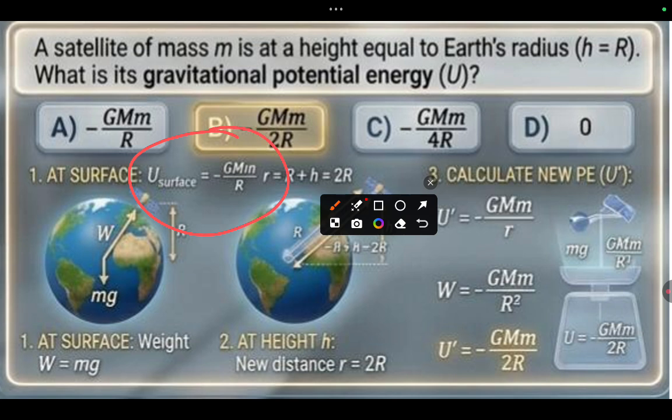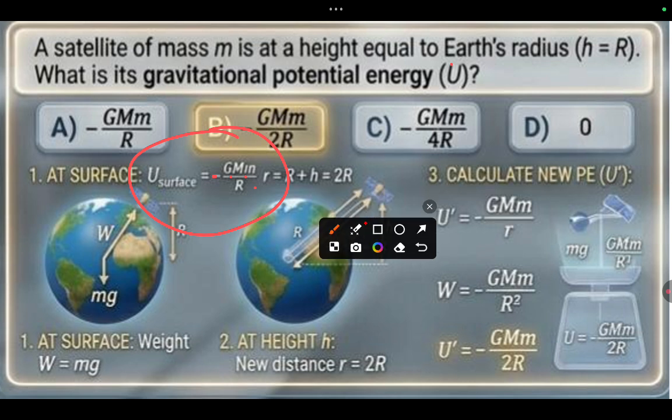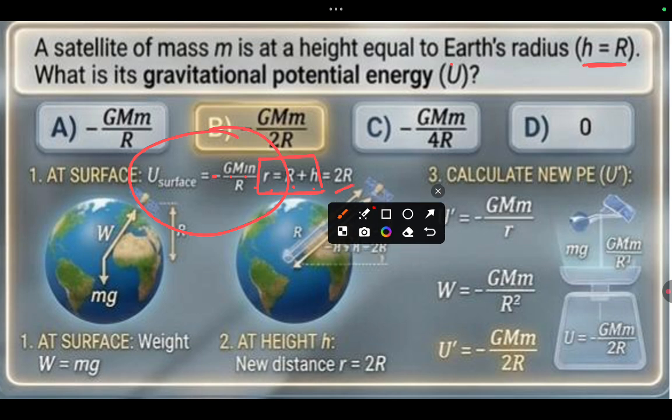It is clearly mentioned that the height is equal to the Earth radius, so the distance is R plus h, which is R plus R, nothing but 2R.